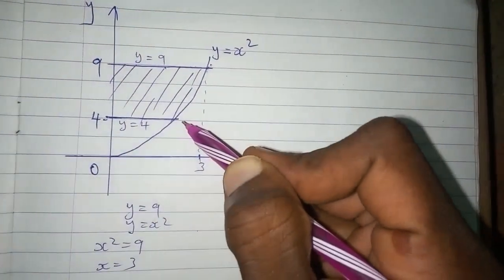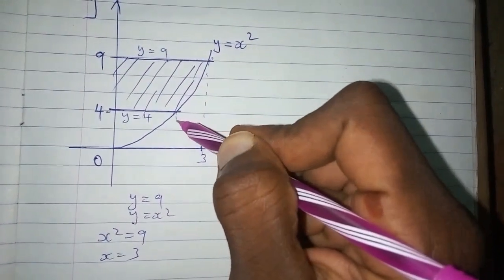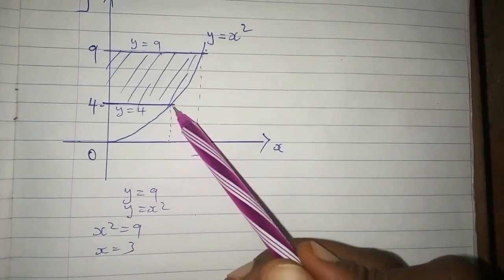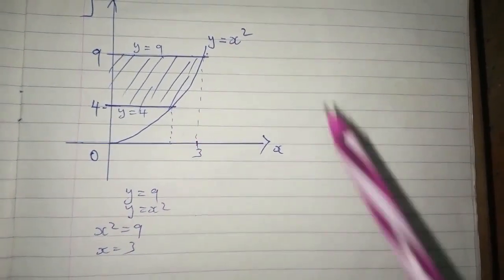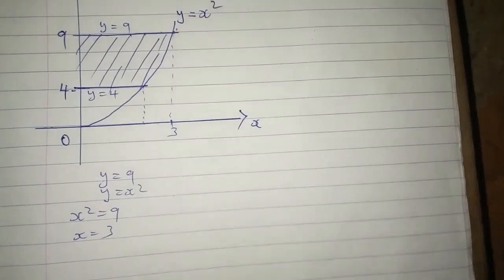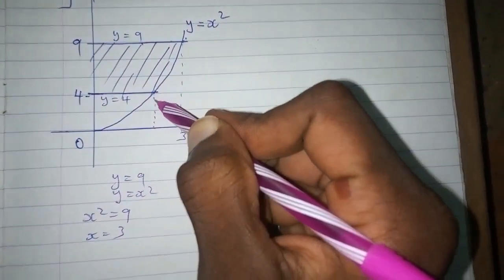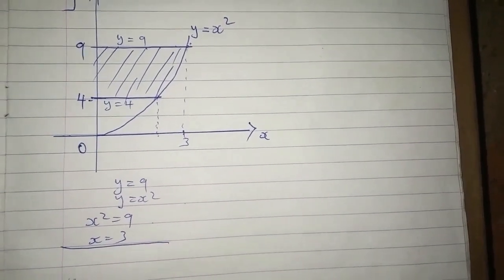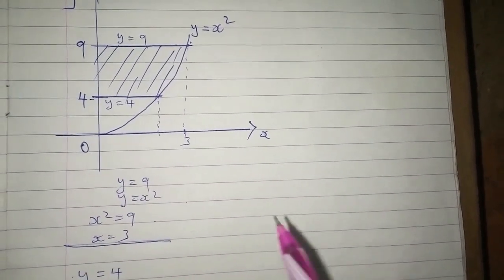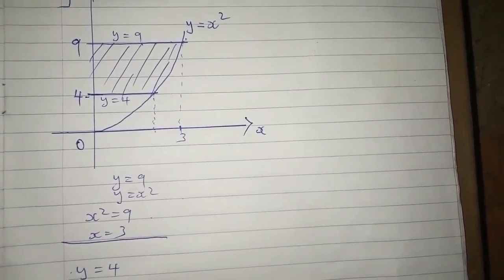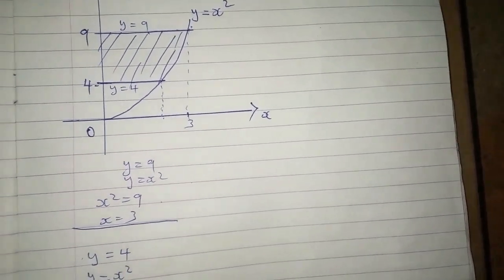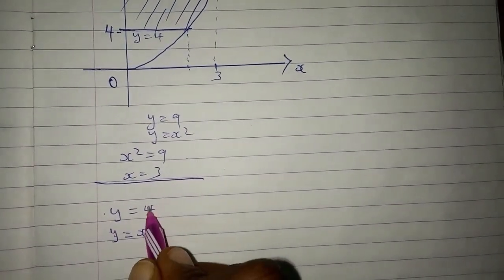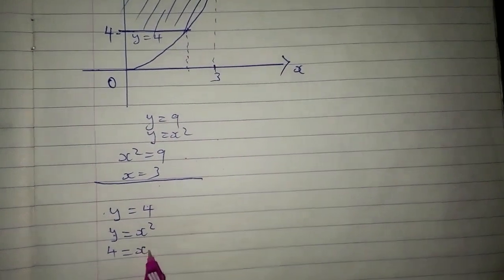Again, let's find the value of x where the line y is equal to 4 is meeting the curve y is equal to x squared. So when y is equal to 4, the equation of the curve is y is equal to x squared, so 4 is equal to x squared.